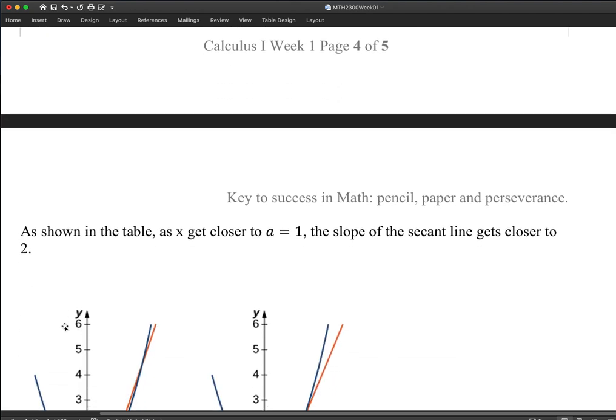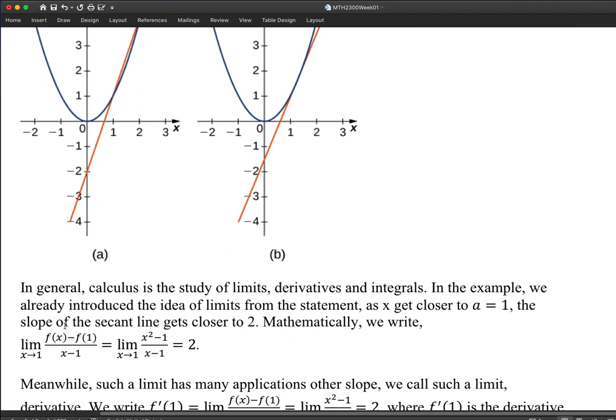And as x is getting closer and closer to 1, the slope is getting closer and closer to 2. So that process is a limit process. We write limit as x approaching 1 of the slope, rise over run. And specifically, this expression has a limit, which is 2.